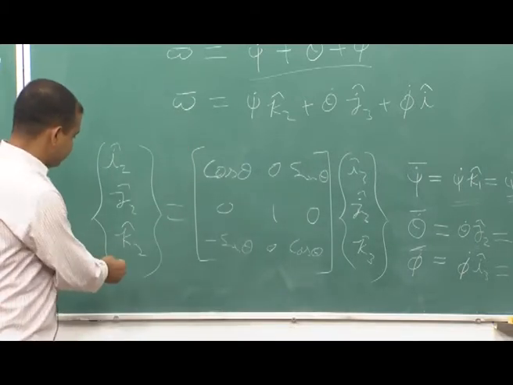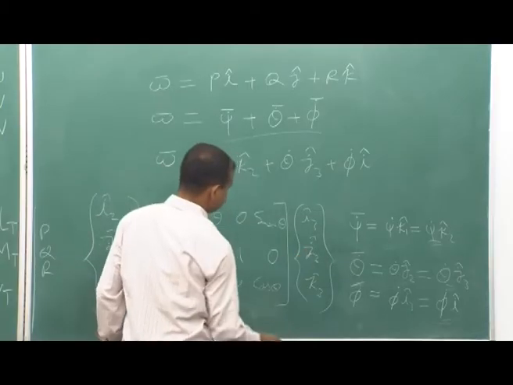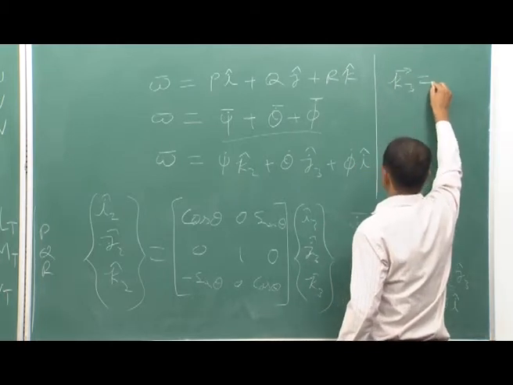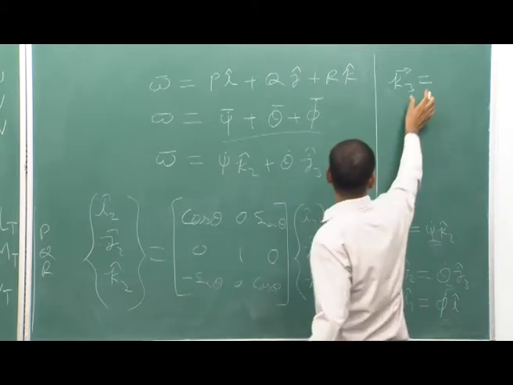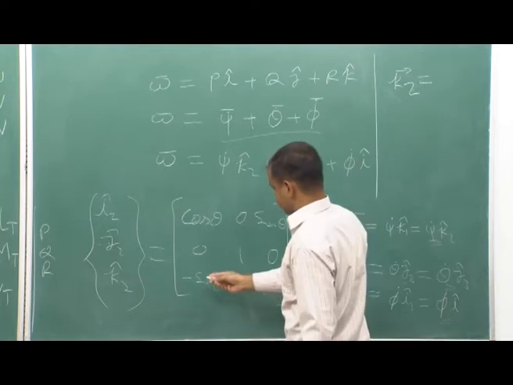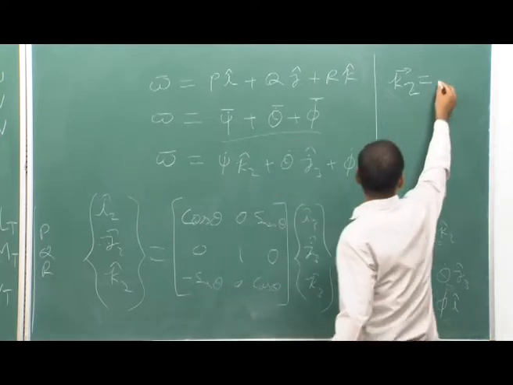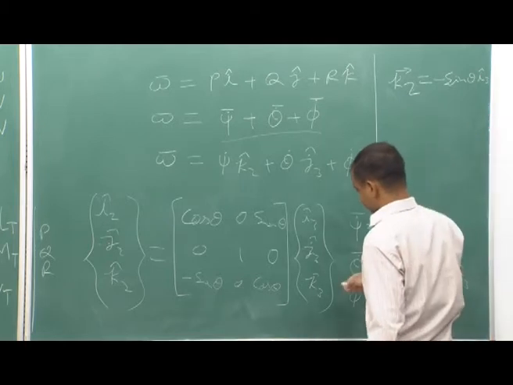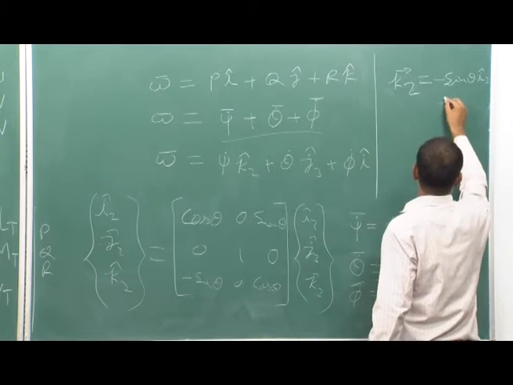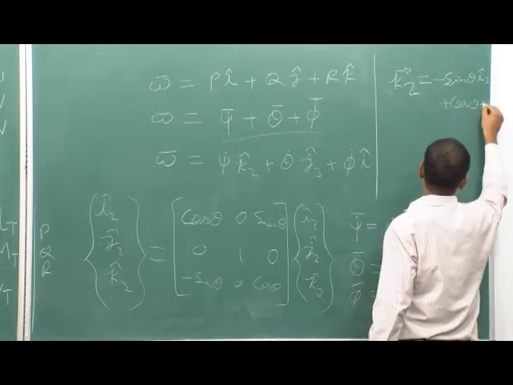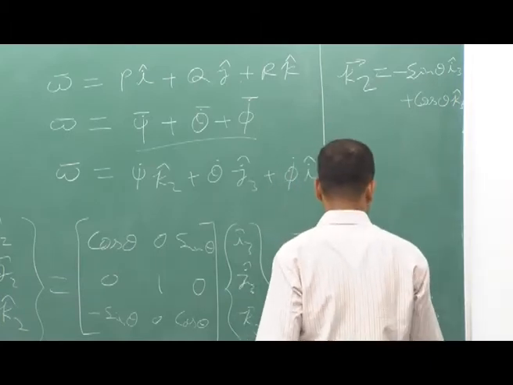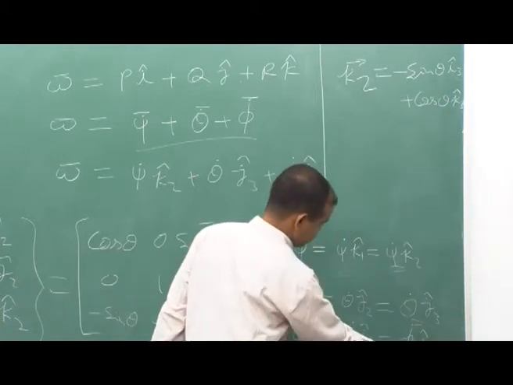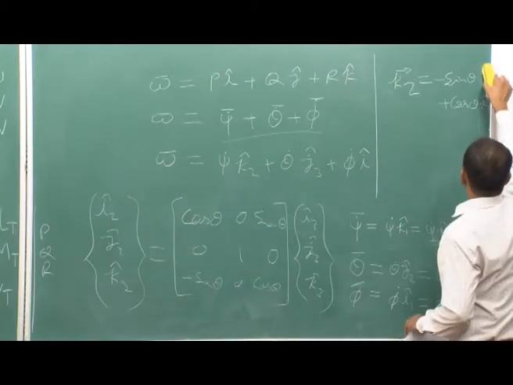So from here I can get k2 in terms of I3, j3 and k3, and I can write k2 is equal to minus sin theta I3 plus cos theta k3. I3 I already know is I, so I can eliminate it and write it as I.